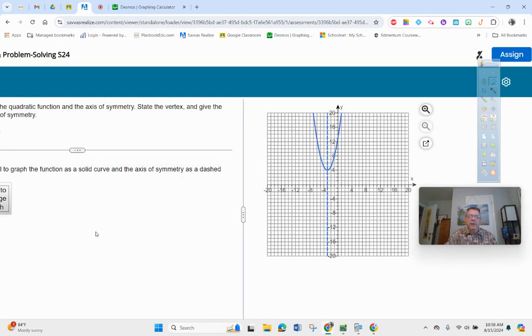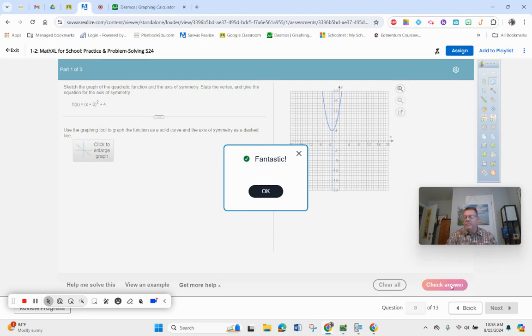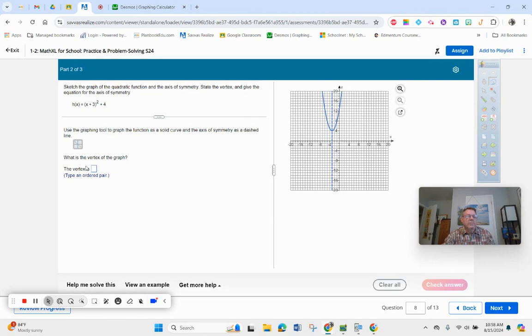All right, so there we go. We got that saved. We hit check answer, and it's much, much easier this way. So one, I've got to read the instructions, and two, it's one of the things we've got to remember that we're supposed to know: the axis of symmetry is a dotted line. Now it should be much, much easier. The vertex there is -3, 4.